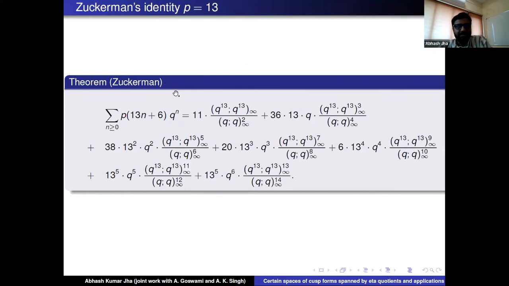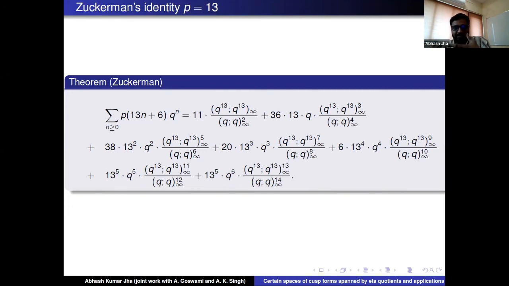This was already obtained by Zuckerman using the theory of modular functions. So if you compare all the identities, in this case, P equals 13, this expression is very nice. Nice means all the terms are exactly eta quotients, not other functions or other basis elements. This is because, again, the genus of the underlying modular curve is 0, and there are sufficient eta quotients to span that space.